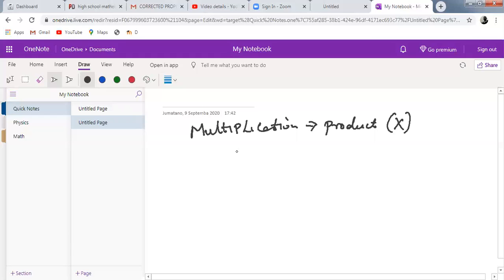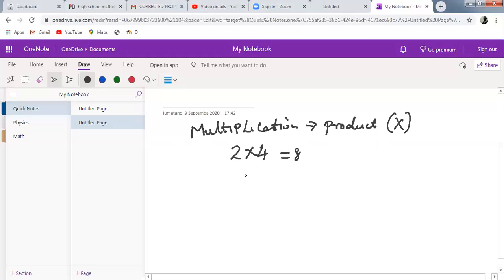For example, if we were to group two students, and then we have 4 groups, that is 2 by 4. You will find that in total, we are going to have 8 students. Each group has 2 and we have 4 groups, so we have 8.